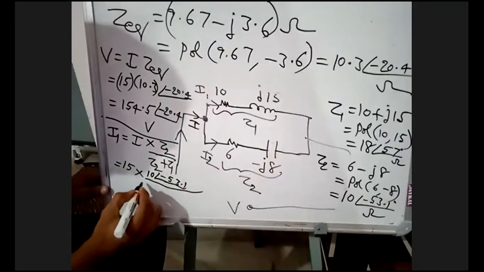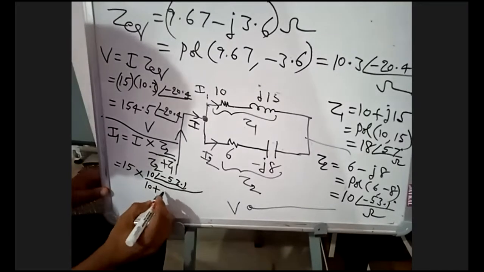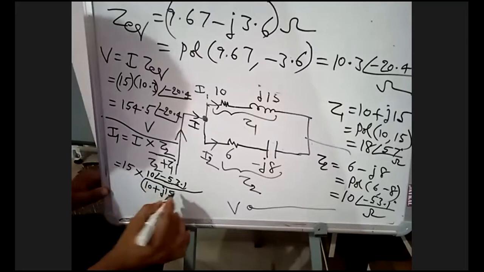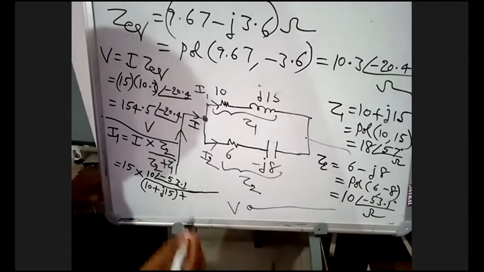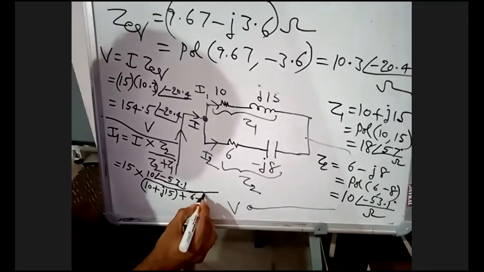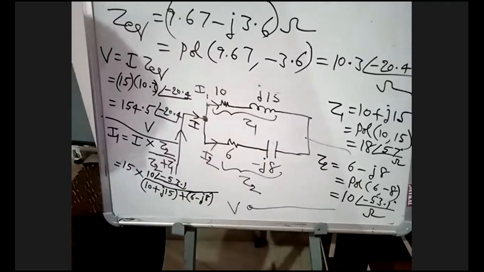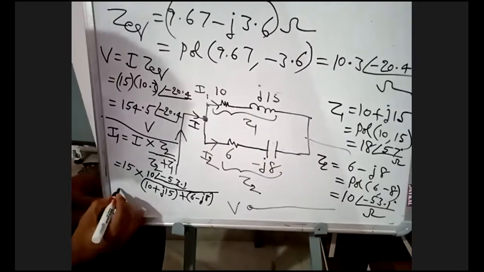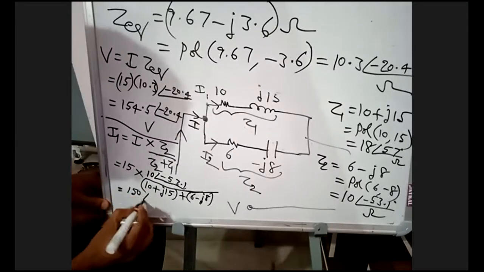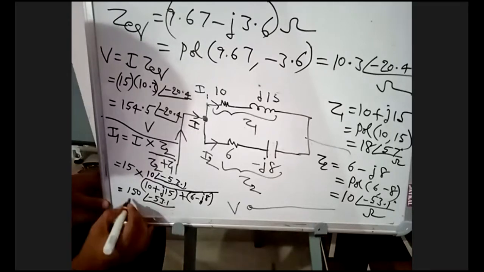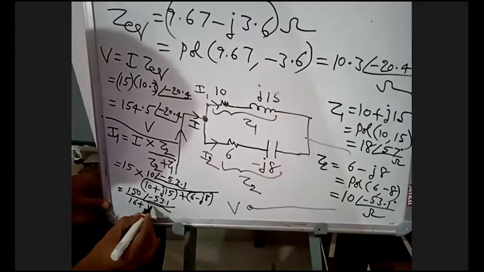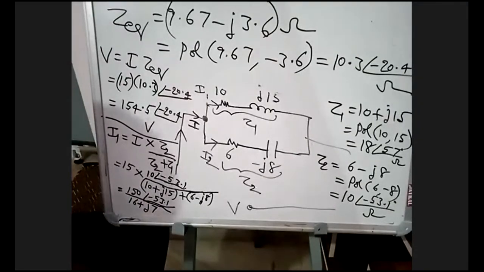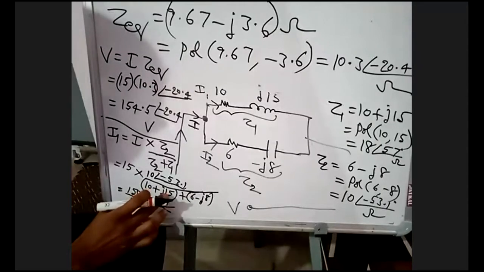Take the rectangular form: 10 plus j15 plus 6 minus j8. 15 into 10 is 150 at an angle minus 53.1, divided by 16 plus j7. 10 plus 6 is 16, 15 minus 8 is 7.